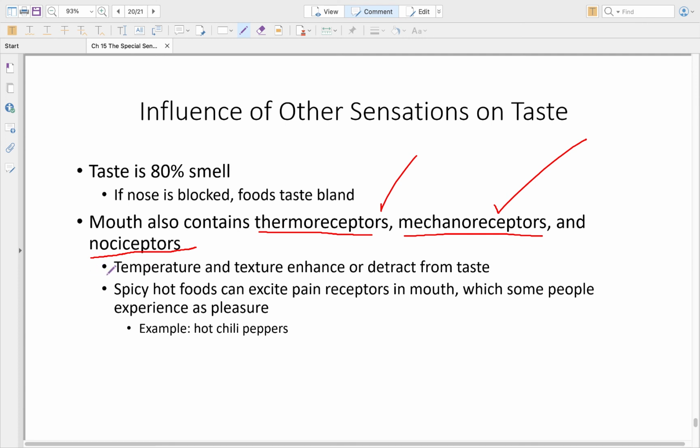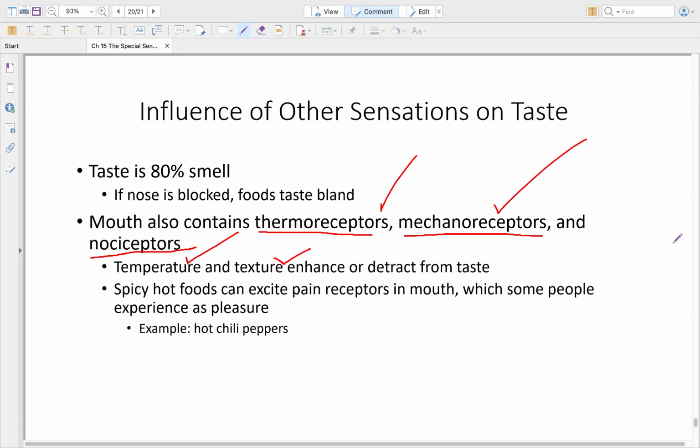So ultimately, those thermoreceptors are going to allow us to detect heat and cold. And we can also feel the texture of our food. That's going to be the mechanoreceptors. So this is a physical thing. Okay, so ultimately those two are picked up, right?